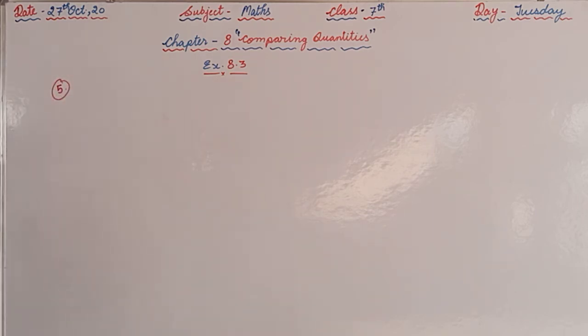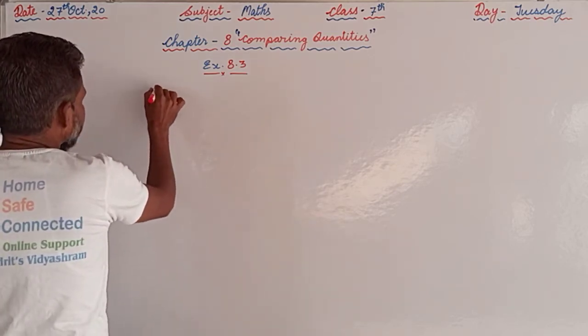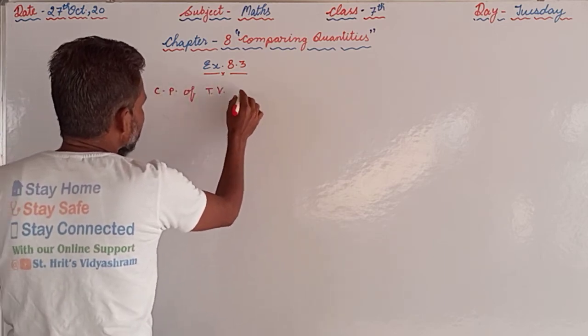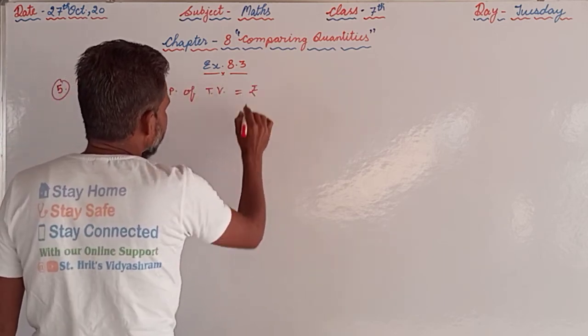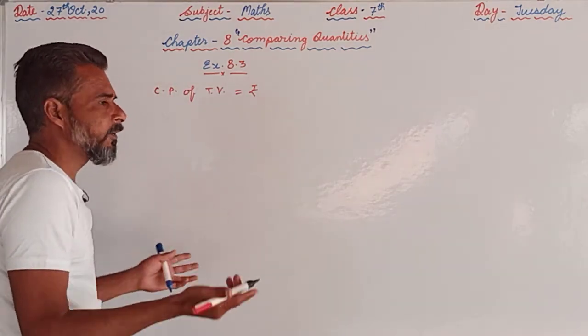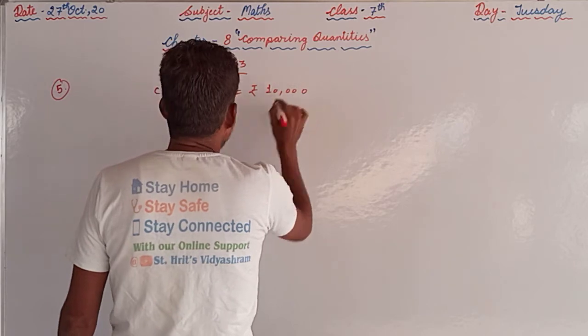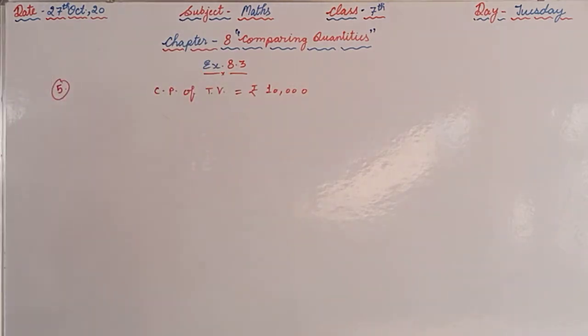In question number 5, I buy a TV for rupees 10,000, meaning the CP of the TV, the cost price of the TV, the price which we have paid for the TV, that is 10,000, and afterwards sell it at a profit of 20%.